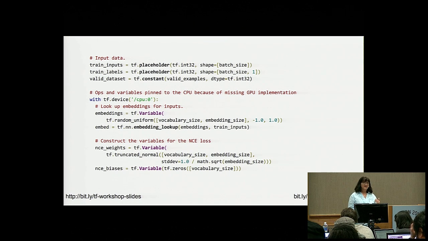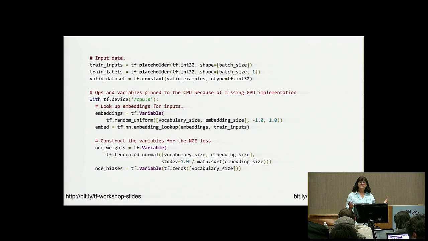So we're defining an embedding variable, and then embedding lookup is kind of a neat op that's saying basically just take the train input slices. So we've got this big embedding matrix for all of the words in our corpus.